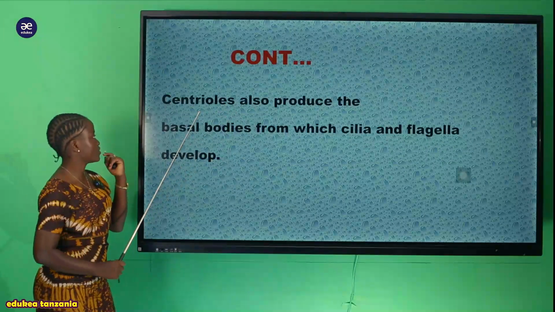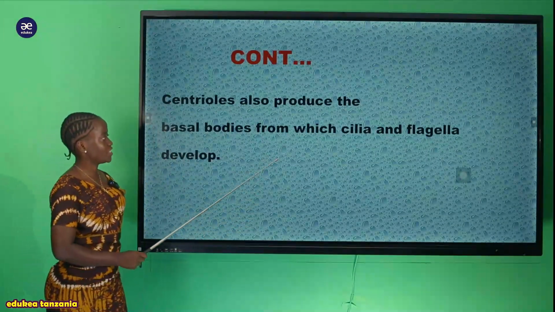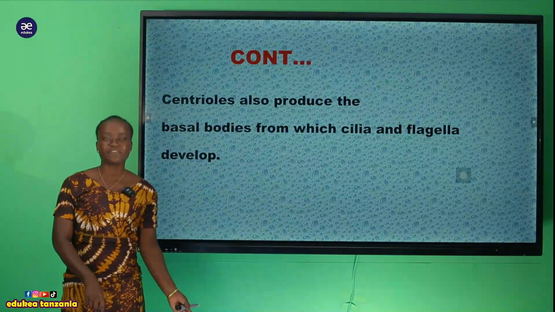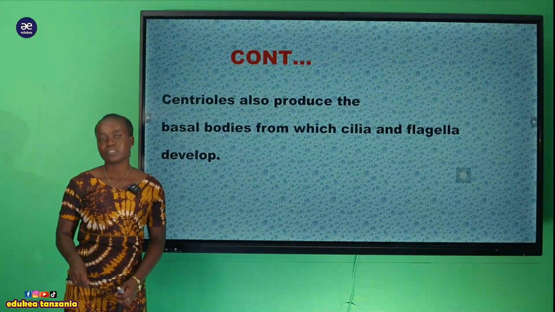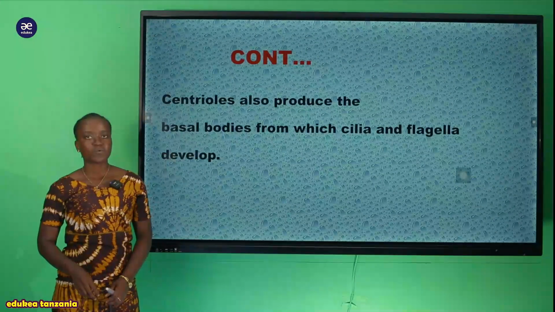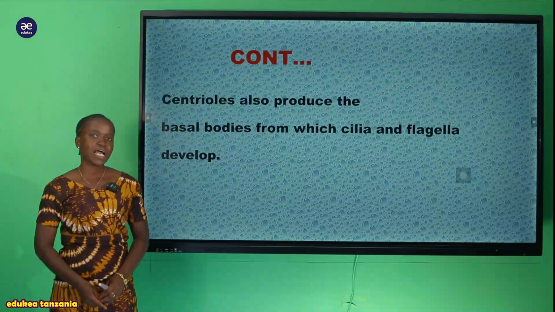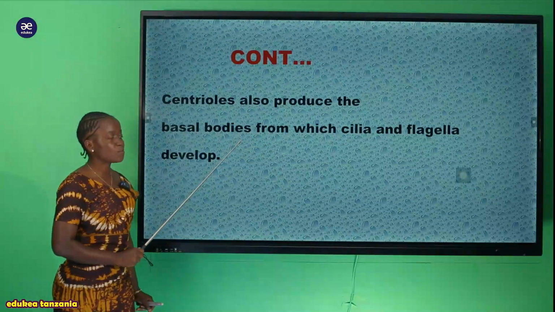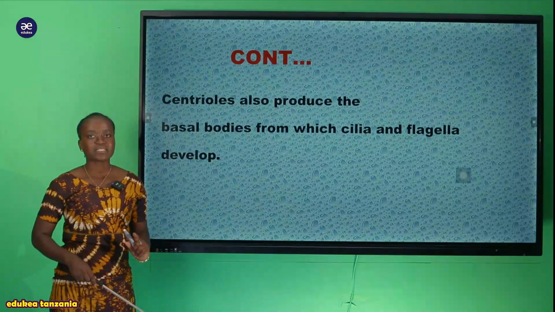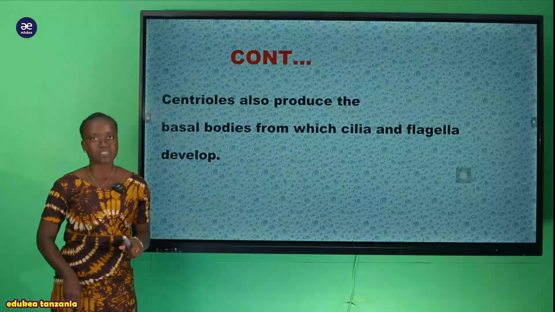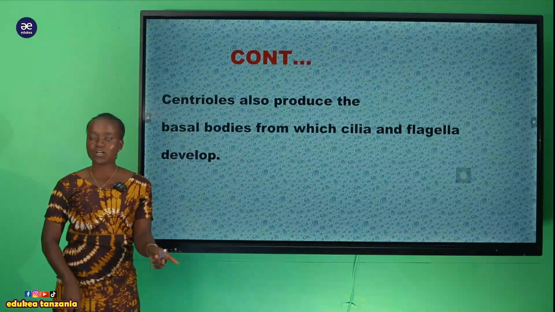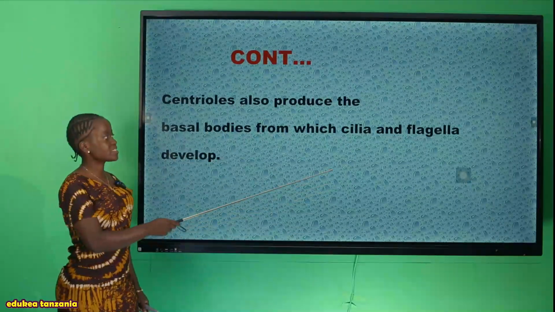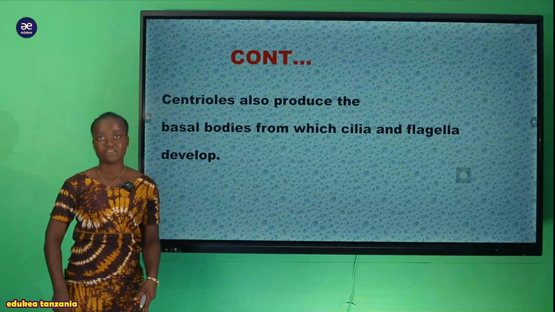Centrioles also produce the basal bodies from which cilia and flagella develop. Now if you look, for instance, at an algal cell, that is algae, we say the centriole found in algal or fungal cells tends to produce basal bodies, and it is where the basal bodies are present that cilia and flagella develop.